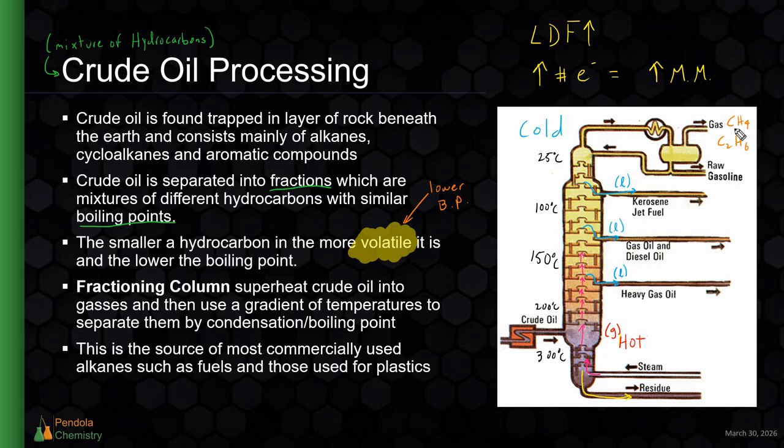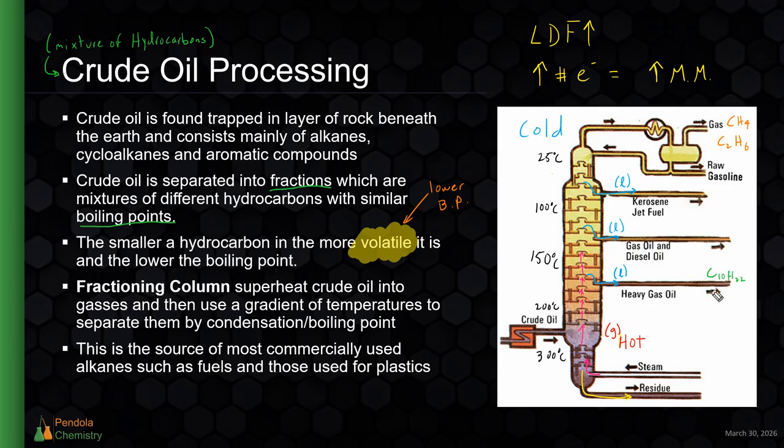Some of these, in fact, methane is a gas even at room temperature. On the other hand, in the bottom, you're going to have things that are not volatile. So things like, let's say, C10H22 will be down here.